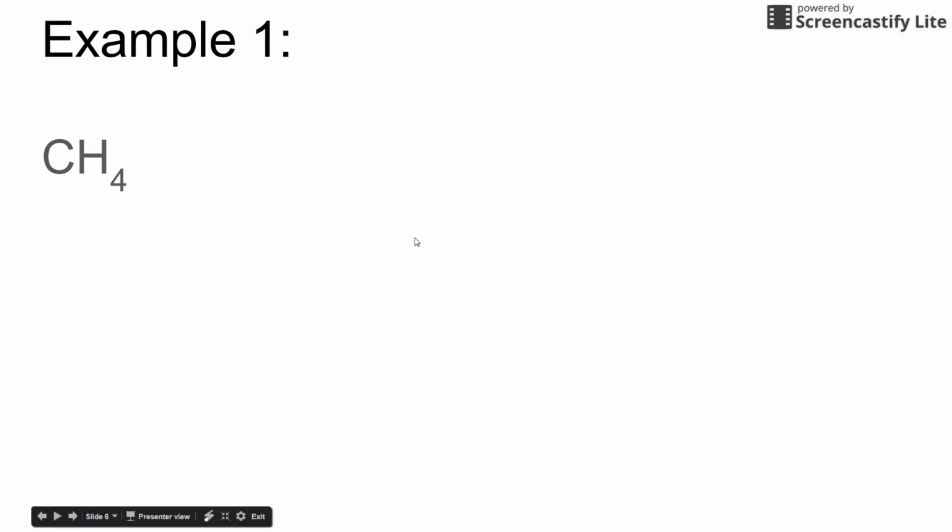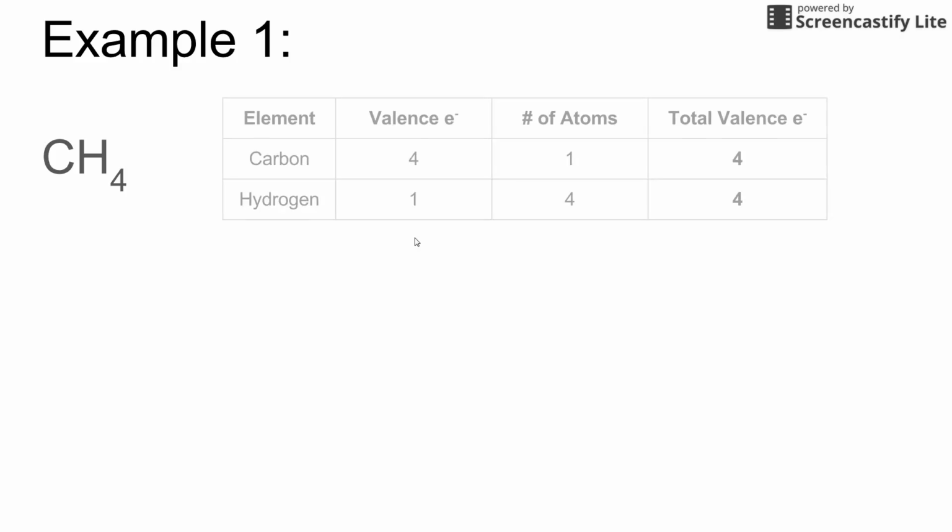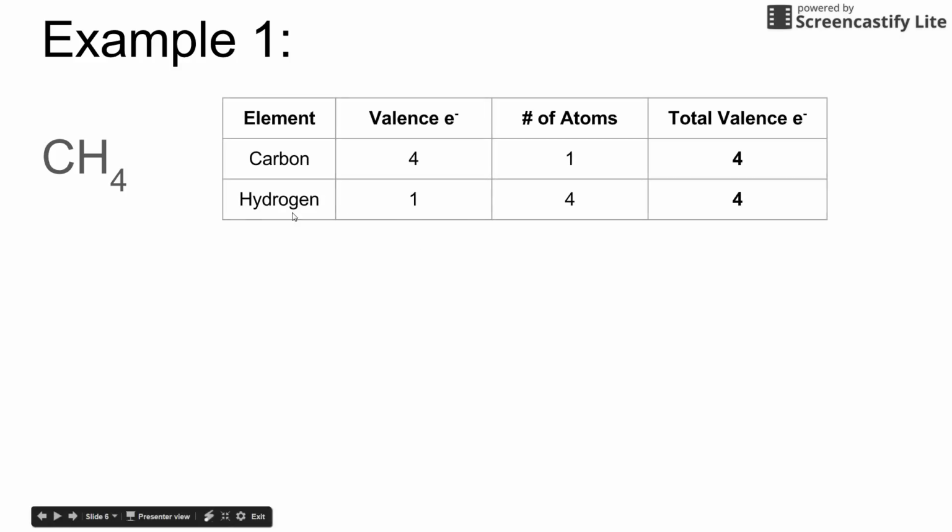So what I would do is start an element inventory. We have two types of atoms. Carbon: each carbon has 4 valence electrons, and in this compound you only have one carbon. 4 times 1 is 4, so there's a total of 4 valence electrons.